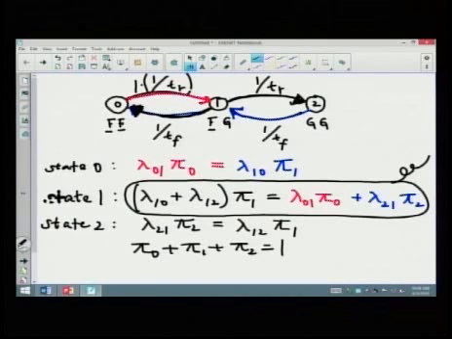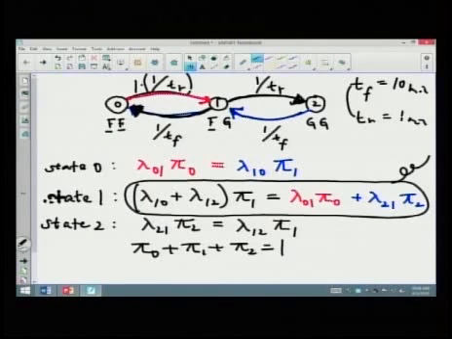So for this problem, let's suppose the average repair time is just 10% of the average time between failures. So let's suppose the average failure time is 10 minutes, and the average repair time is just 1 minute.